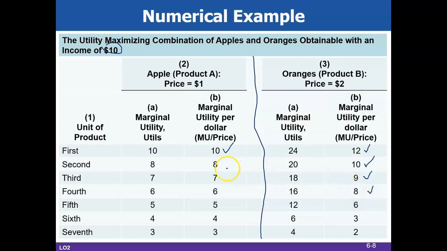I could buy the second apple for a marginal utility per dollar of 8. That second apple is equal, like the marginal utility per dollar of 8 and 8 are equal. So the last apple and the last orange that I put into my cart have equivalent marginal utility per dollar. Okay, so that's good. I've also spent my entire budget, right? $2 on apples and $8 on oranges, okay?